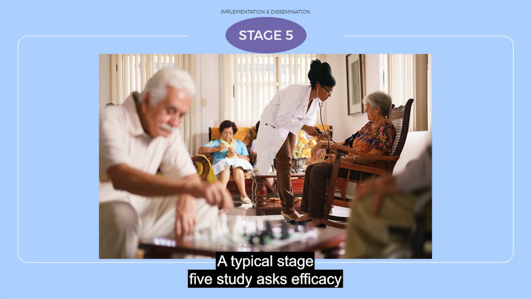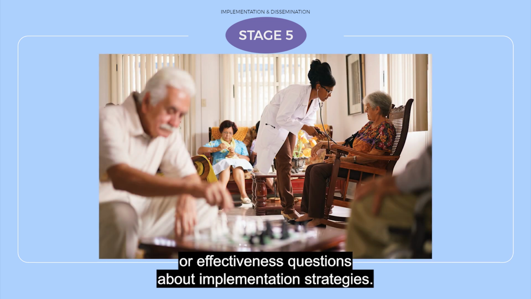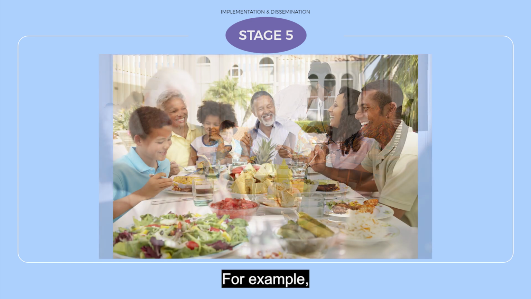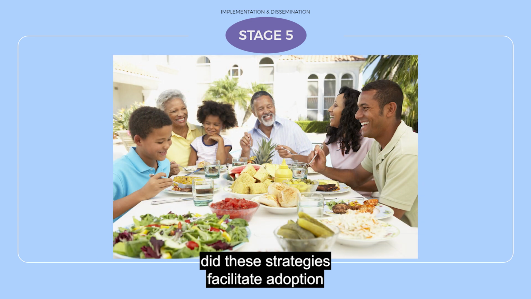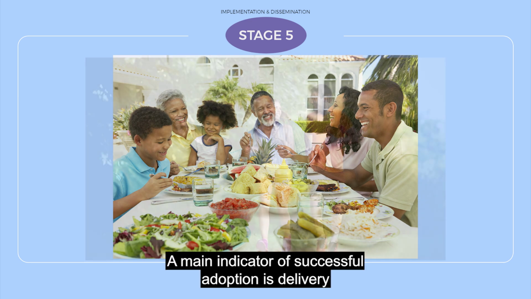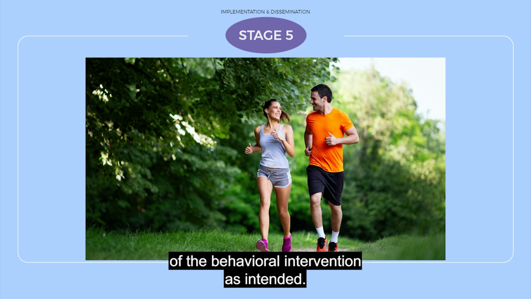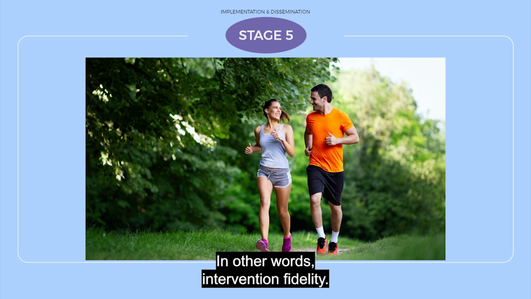A typical Stage 5 study asks efficacy or effectiveness questions about implementation strategies. For example, did these strategies facilitate adoption of this effective behavioral intervention? A main indicator of successful adoption is delivery of the behavioral intervention as intended. In other words, intervention fidelity.